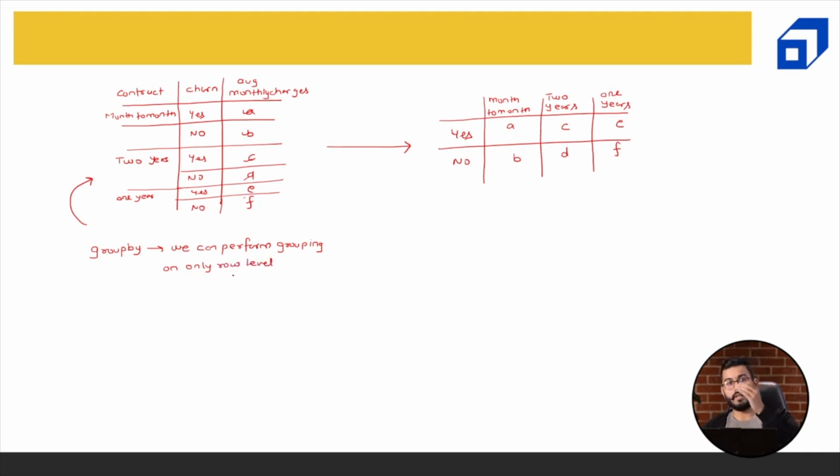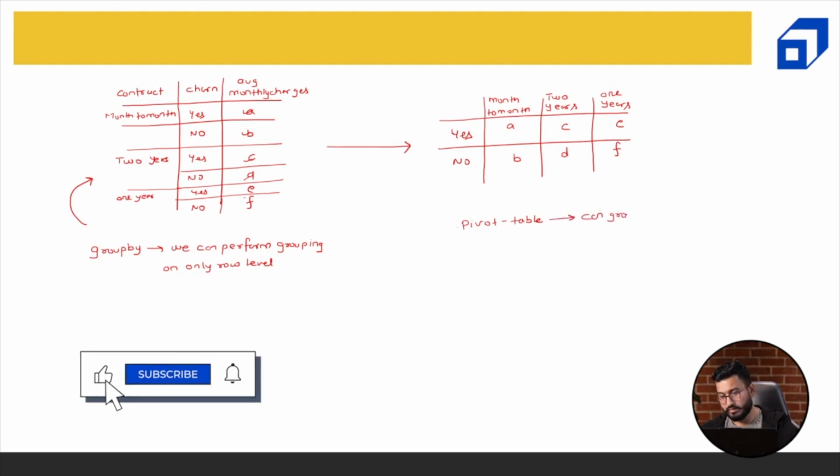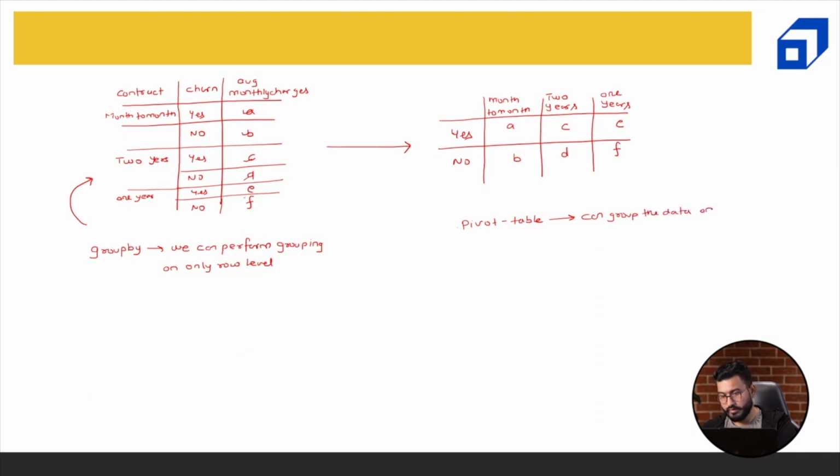So we can only group the data on row level, but using pivot table, we can perform grouping on both rows and columns. So we can group the data on both row and column level. So how do we generate a pivot table?